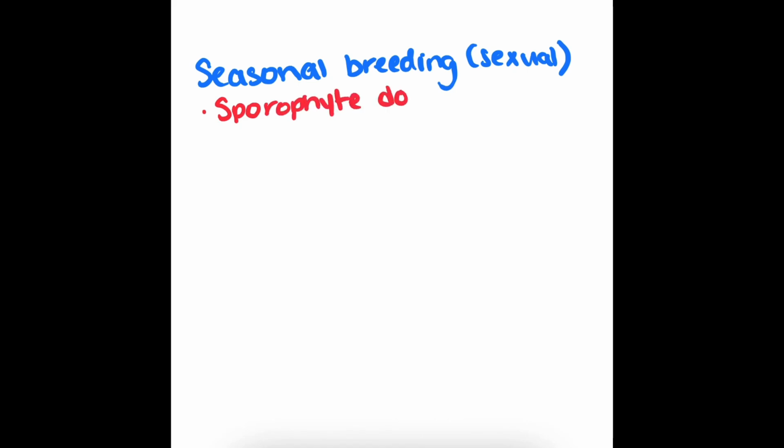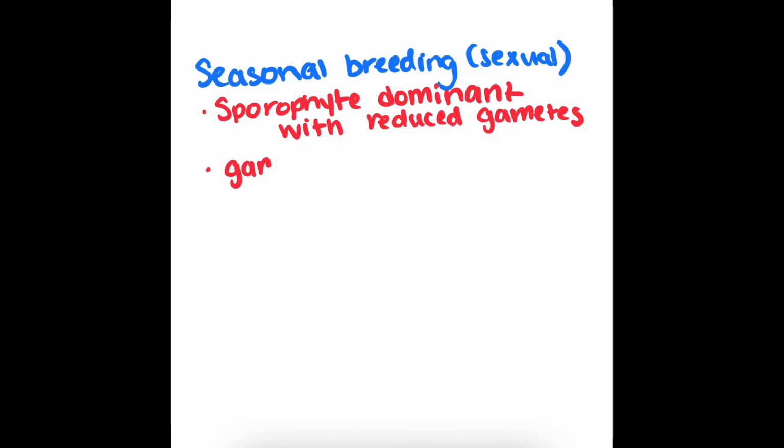Okay, so the very last part of the life cycle is how they breed. They breed through sexual reproduction, and they have seasonal breeding. They are sporophyte dominant with reduced gametes. So what this means is that their gametes are within the sporophyte, inside of the reproductive organs.